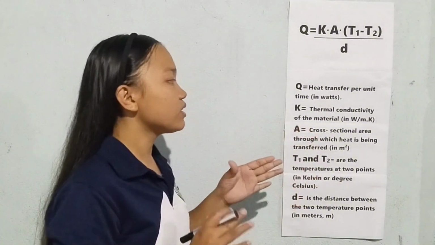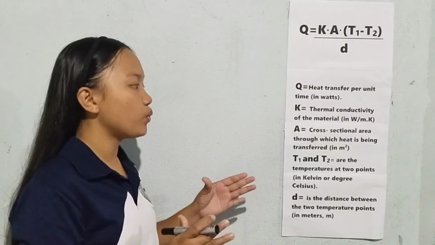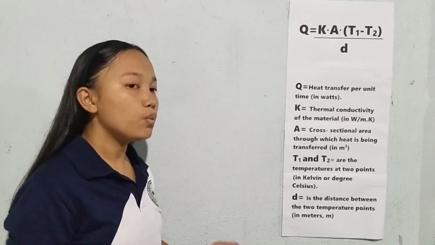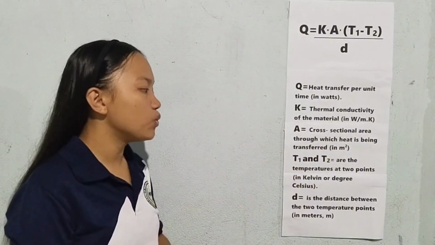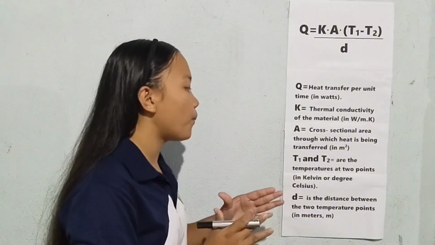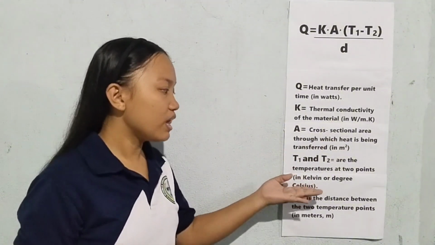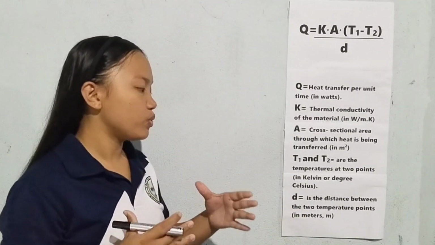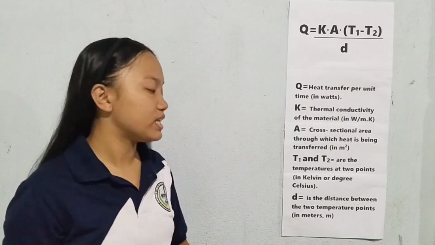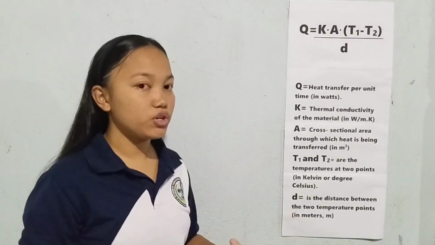And A is the cross-sectional area through which heat is being transferred with a unit in meters squared. T1 and T2 are the temperatures at two points with a unit in Kelvin or degrees Celsius. And D is the distance between the two temperature points with a unit in meters.